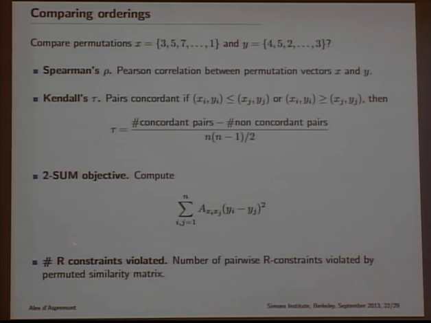And finally, if you know you're solving a seriation problem, you can simply count the number of R constraints that are violated, okay? So you know that on an R matrix, the coefficients should be decreasing as you move away from the diagonal, and you can basically count the number of times this condition is not satisfied at a certain number of indices, and that's another measure of performance, okay?